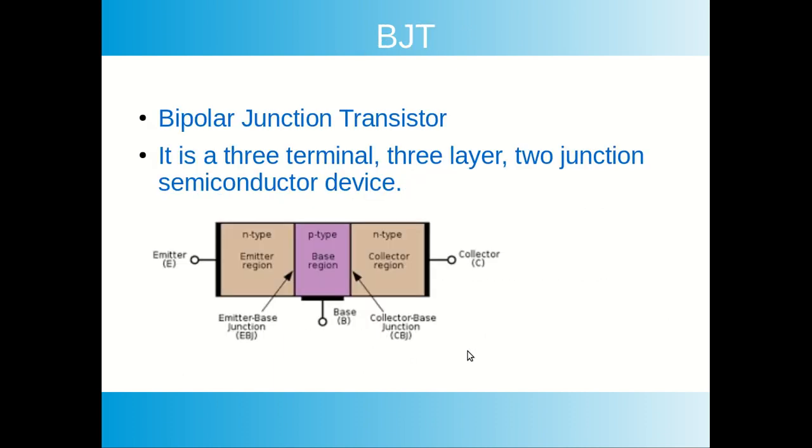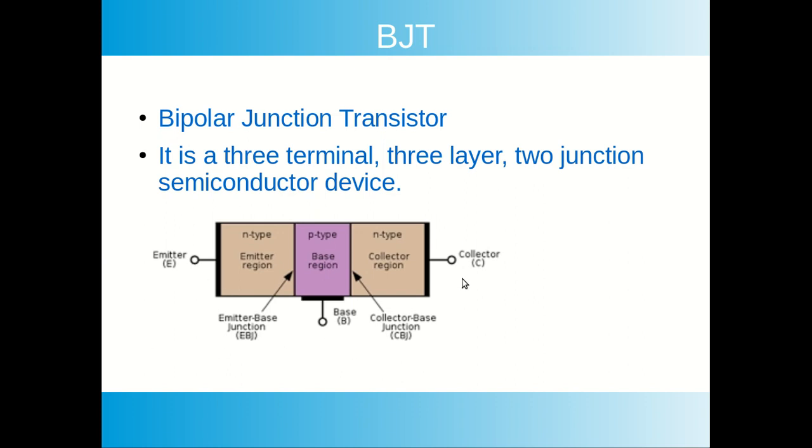So we will see some basics of BJT. These things we had studied in 2nd PUC. The bipolar junction transistor, short form BJT, is a 3-terminal, 3-layer, 2-junction semiconductor device. What are the 3 terminals?